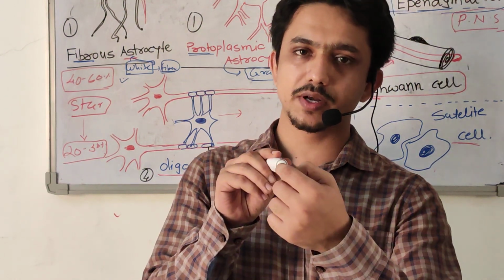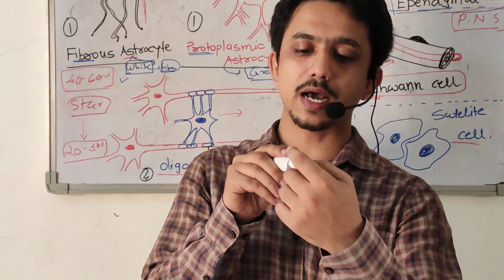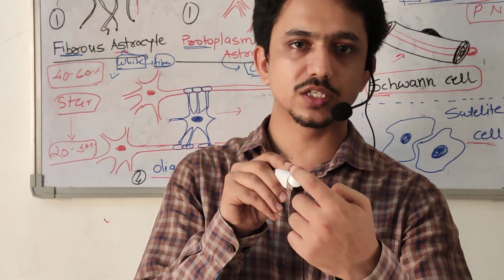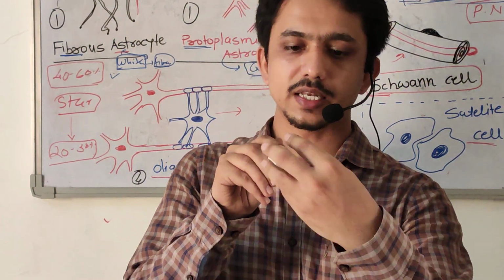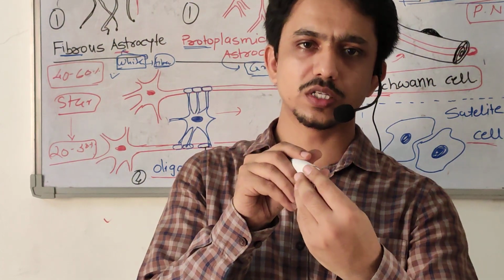You know axons have axoplasm. The axon is covered by an axoplasmic membrane, which is called the axolemma. This axon is covered with multiple folds of myelin sheath, which is called the neurolemma.